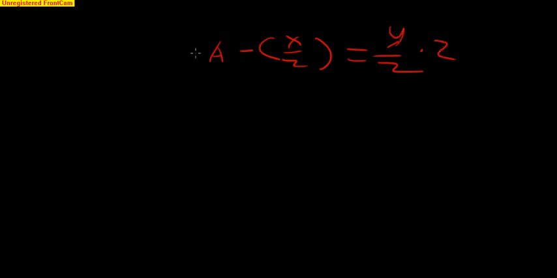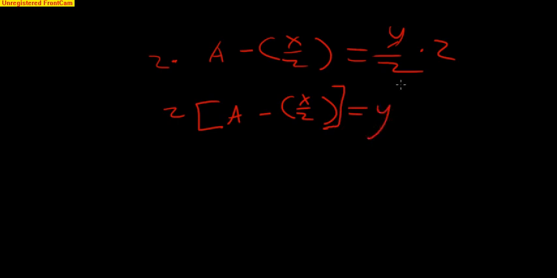So now we're going to have to multiply both sides by 2. And basically, in order of operations, you do everything in the brackets first. So we're going to have 2 times, in the brackets, A minus x over 2 is equal to y. I did an example, and it checked.